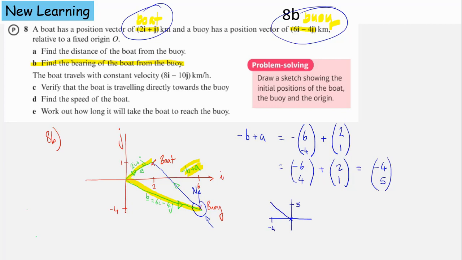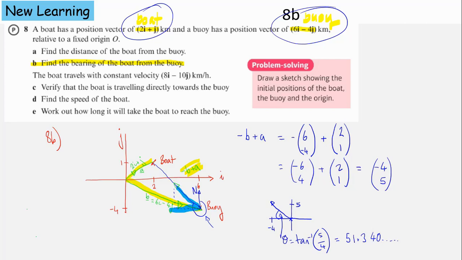That vector there would be parallel to this vector here. So if you like, it's going along by negative 4 and it's going up by 5. So a nice bit of trig on there allows me to get this angle here. And that gives me the angle between here and here.